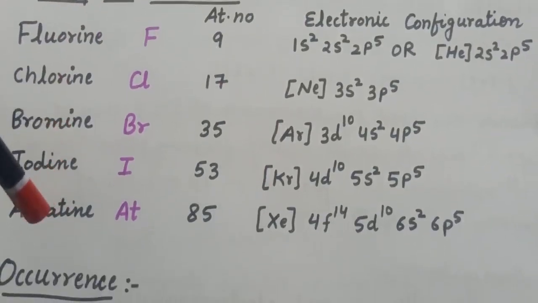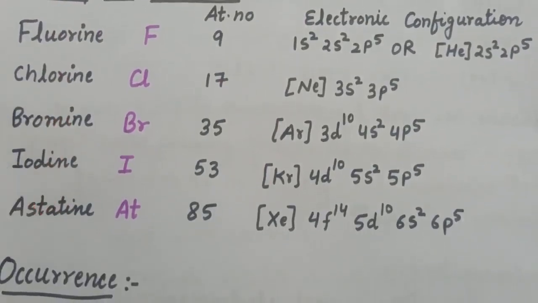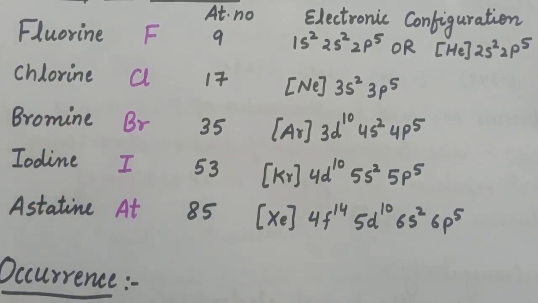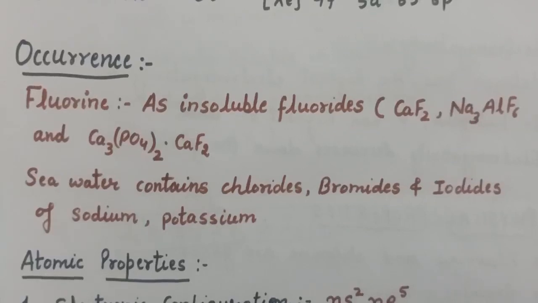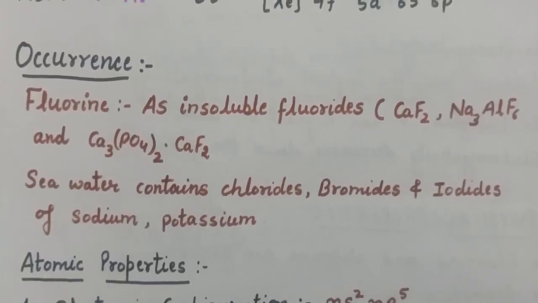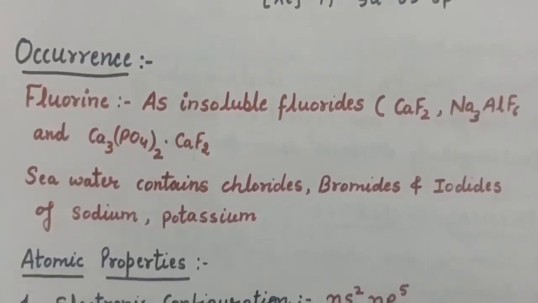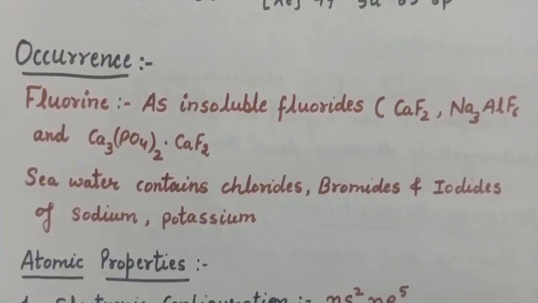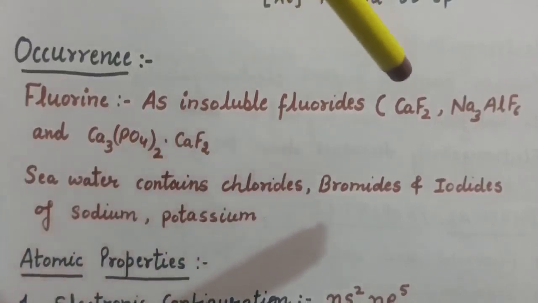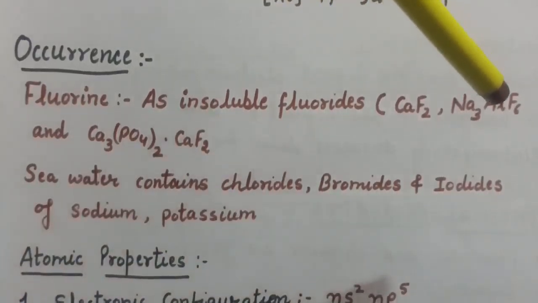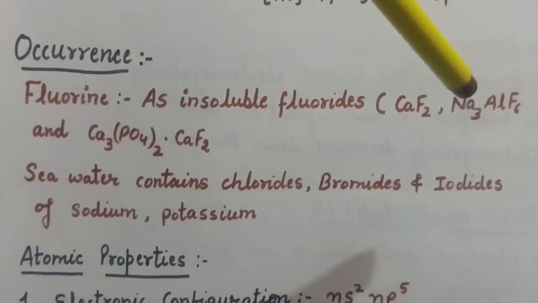Now we will discuss the occurrence and atomic and physical properties of group 17th elements. So next is occurrence of group 17th elements. Fluorine and chlorine are fairly abundant, and fluorine is present mainly as insoluble fluorides: CaF2, Na3AlF6, which is also known as cryolite.